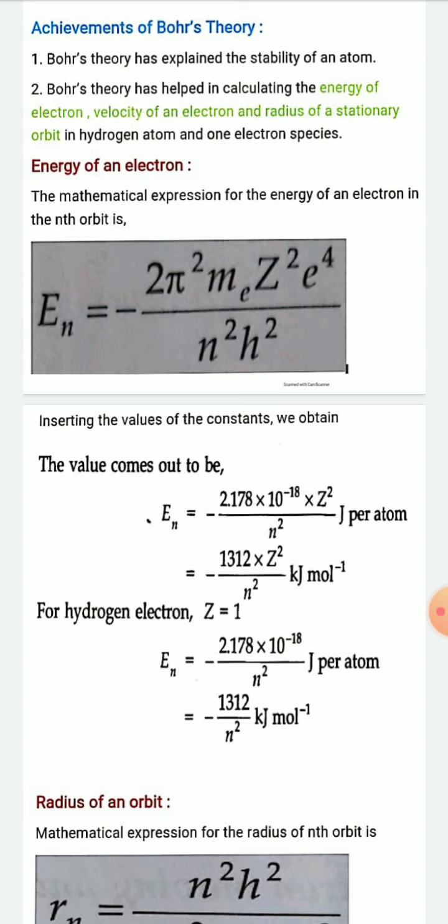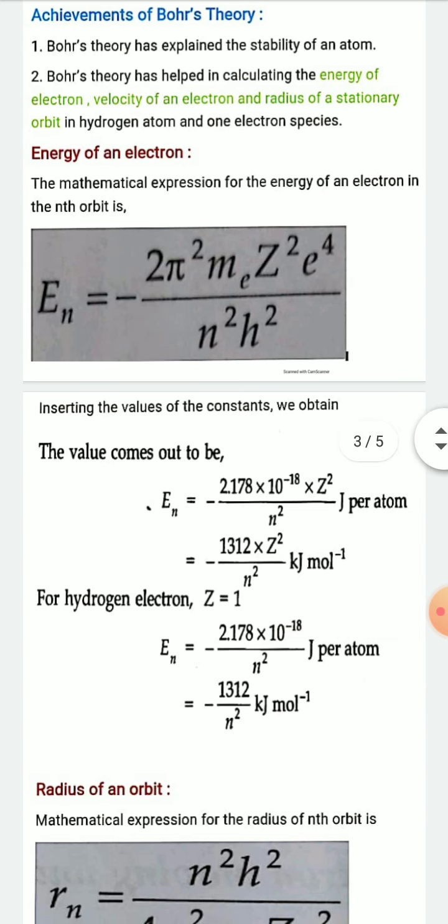All the other properties like mass of electron, charge of electron, and Planck constant are constant, but atomic number of an element and number of shell, that is z and n, are not constant. So inserting the value of constants, we obtain En is equal to minus 2.178 into 10 to the minus 18 into z square divided by n square in joule per atom unit.